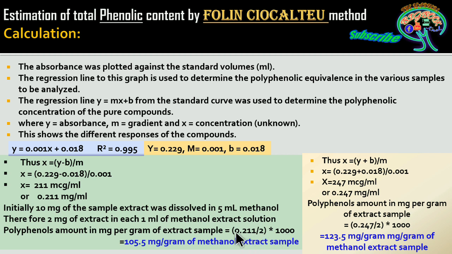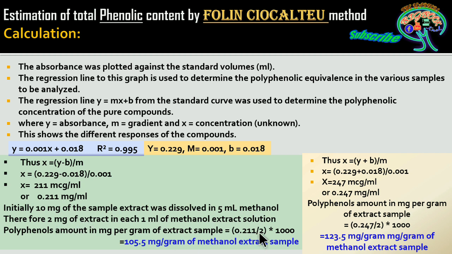Here 0.211 is the milligrams we got per ml, divided by 2 because each ml of methanol had 2 milligrams of the extract.